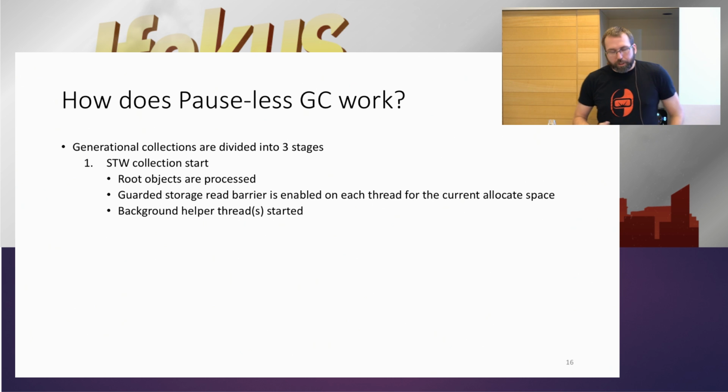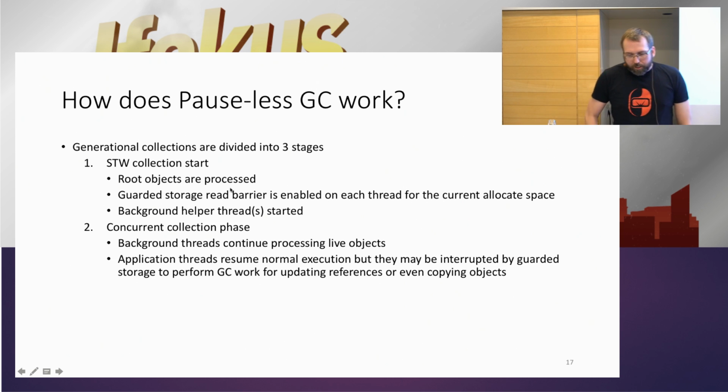And then we kick off a bunch of background helper threads. Similarly to some of the other technologies, we don't use as many background threads as we would for parallel, because we don't want to take too much CPU away from the application. I believe it's usually about the number of cores divided by 4 or 8 with a minimum of 1.